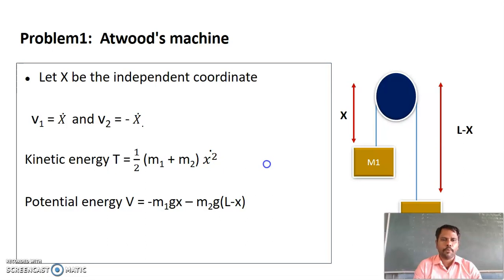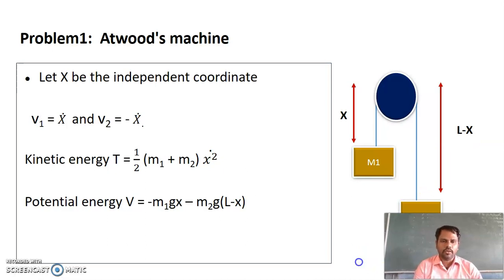Now I need the potential energy. There are two bodies, m1 and m2, which means I have two potentials, one with respect to m1 and one with respect to m2. Therefore the potential energy V equals minus m1 g x minus m2 g (L minus x).